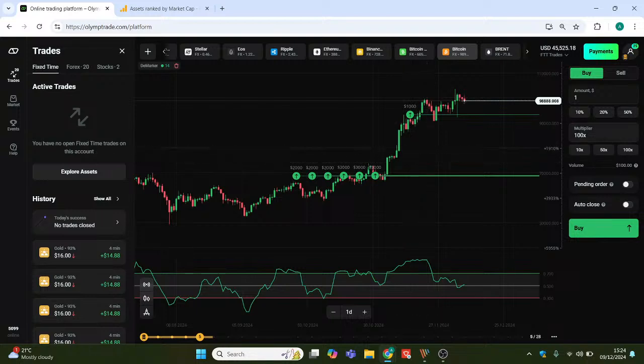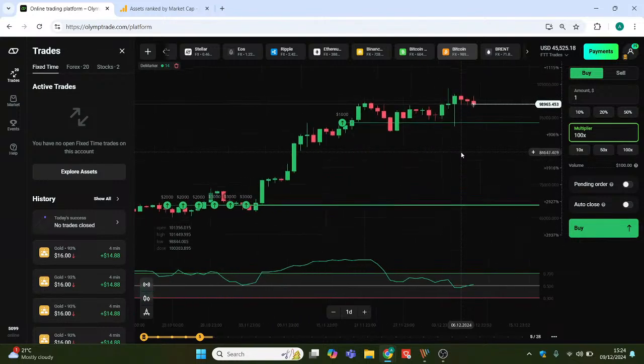Oh, and by the way, now you can use a multiplier of 100 with Bitcoin here. Both Ethereum and Bitcoin now, one can use multiplier of 100, and I would say that's quite risky.